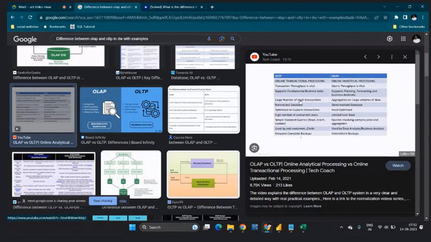A large number of short transactions will come. Each and every bank will have a lot of transactions, and those all belong to small transactions only, right? But in BI tools, OLAP, a large volume comes into the picture. Per day they keep data every second, but here it is one month of data, one year of data, like that we have historical data.